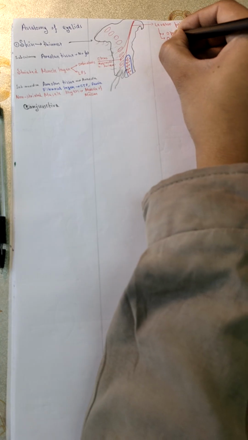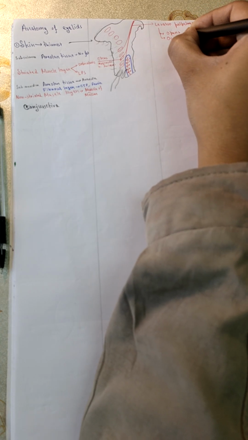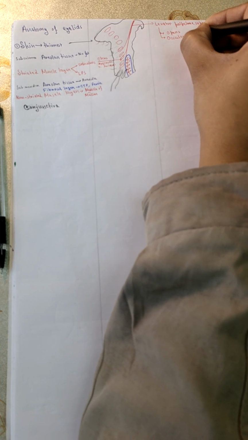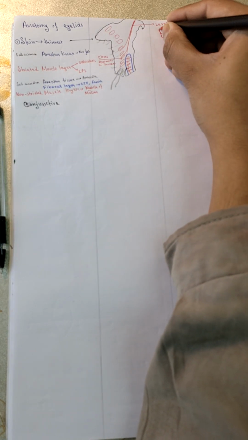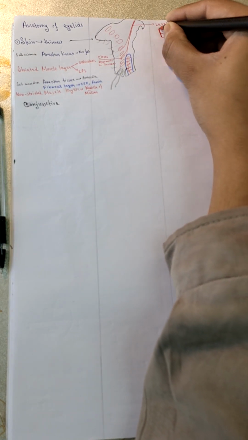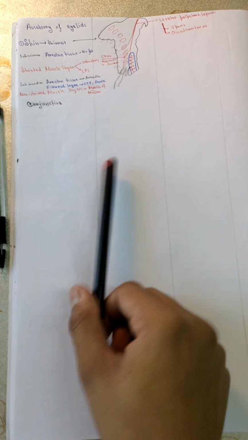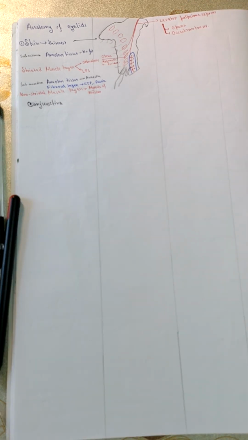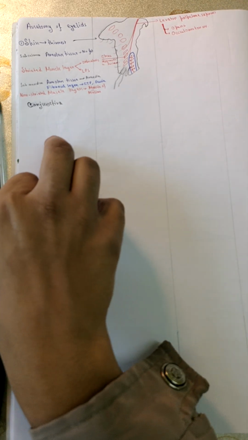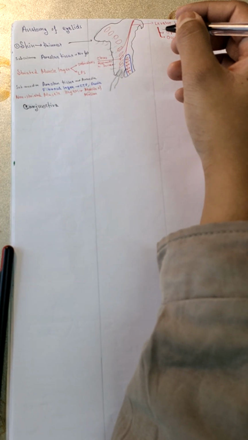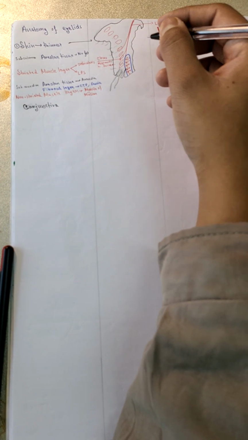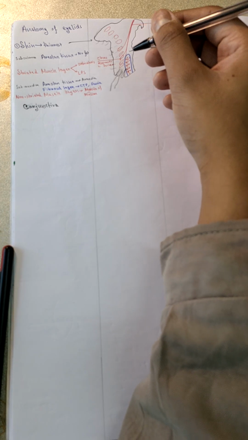It is supplied by the oculomotor nerve and attached to 3 points that are written, but I don't think that is very necessary. Next is subareolar tissue. It contains the nerves and vessels, and anesthesia is given here.